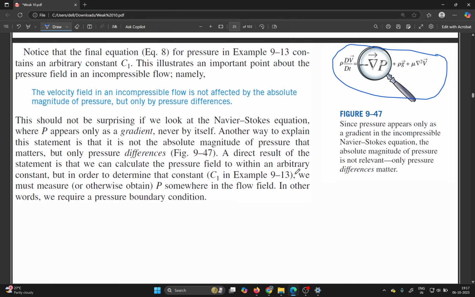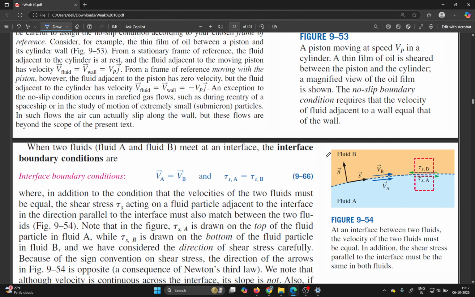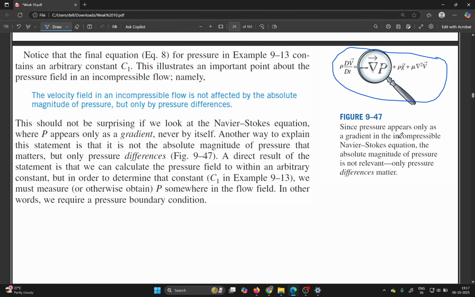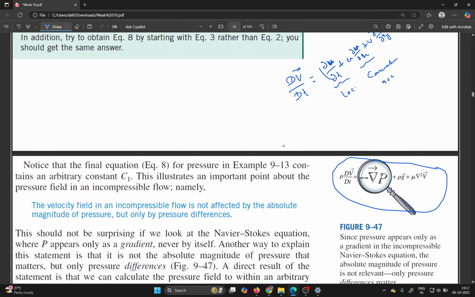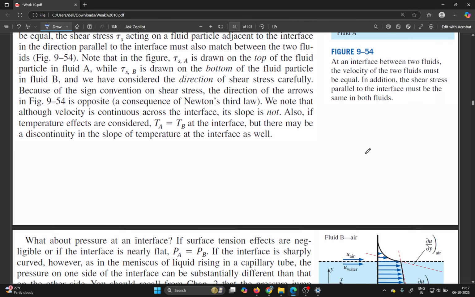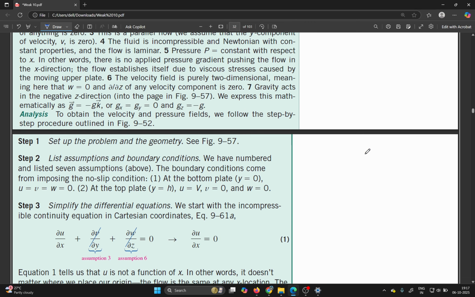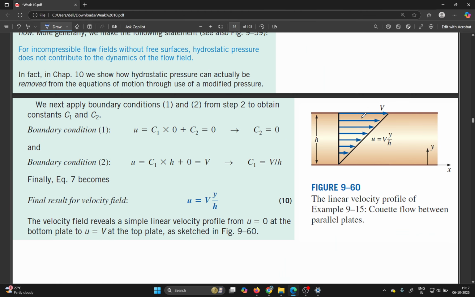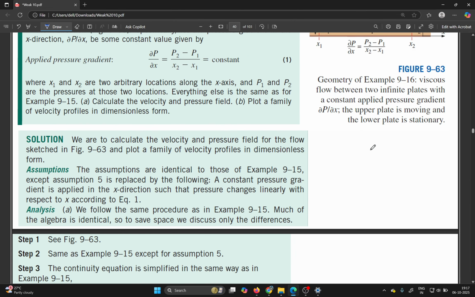So you can just compare. Another important thing: here you have one pressure term, the body force, and another is the viscous force. So you have to remember your acceleration term is equal to, I will write here, wait a few minutes.